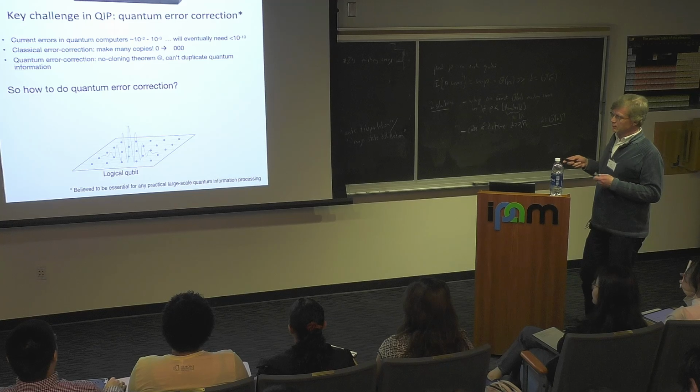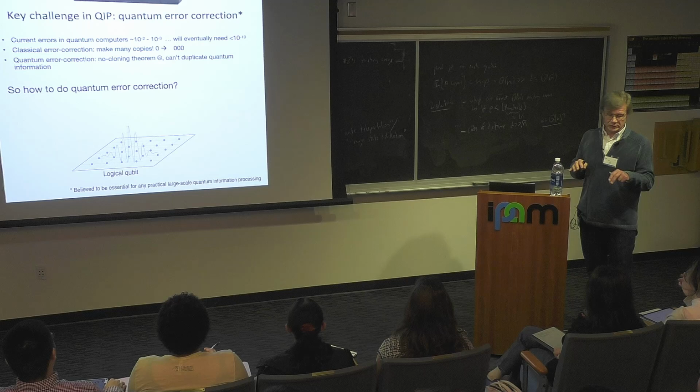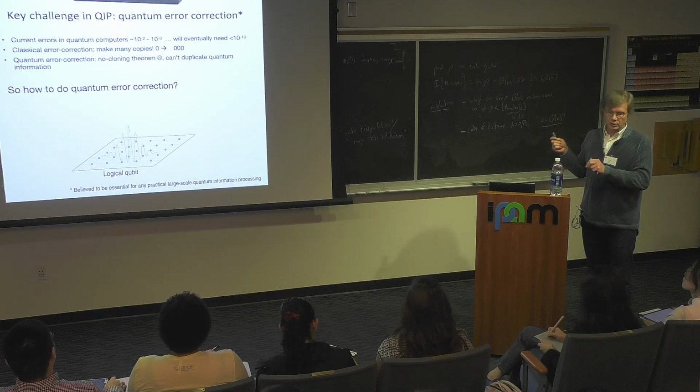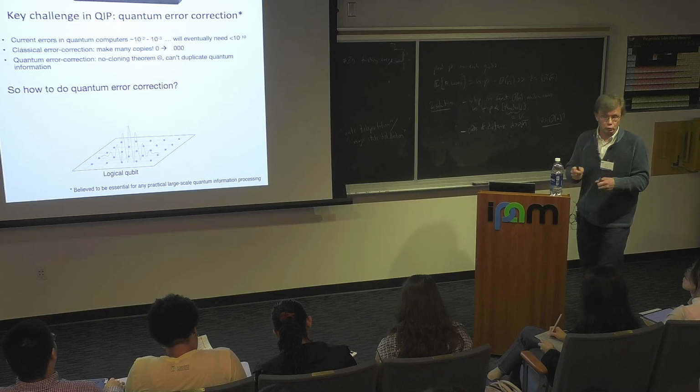And the fundamental idea is to delocalize quantum information. So in all quantum error correcting codes, what they do is prepare special entangled states, so they use entanglement to encode quantum information.